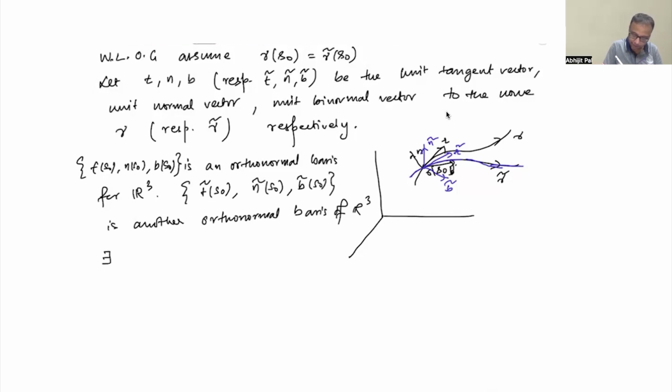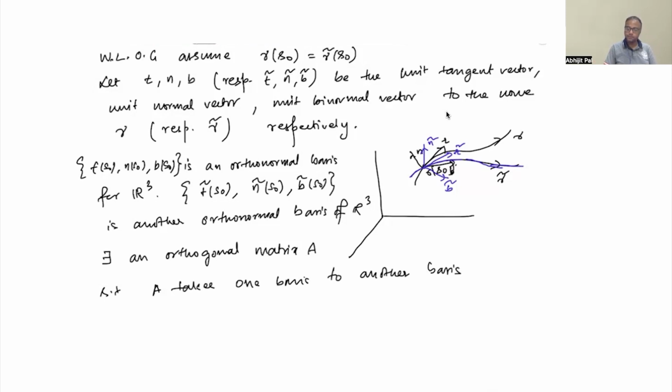So there exists an orthogonal matrix A such that A takes one basis to another basis. Again, I'll work with A of gamma tilde.